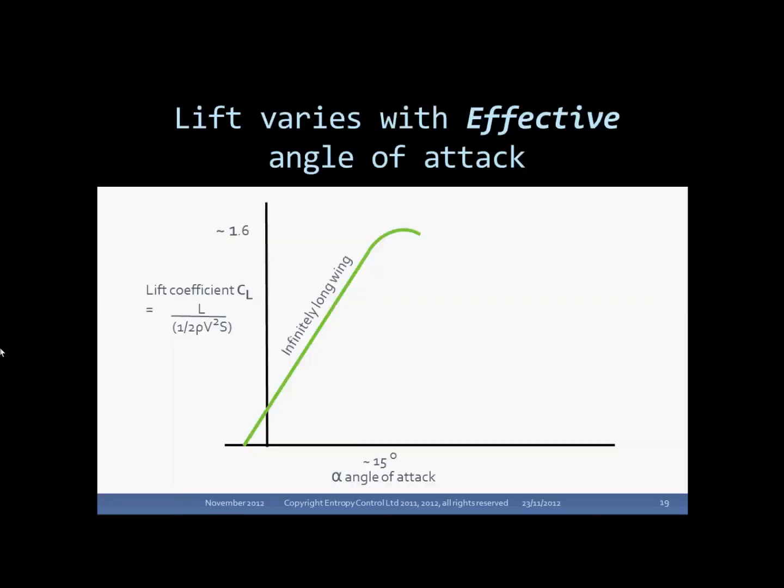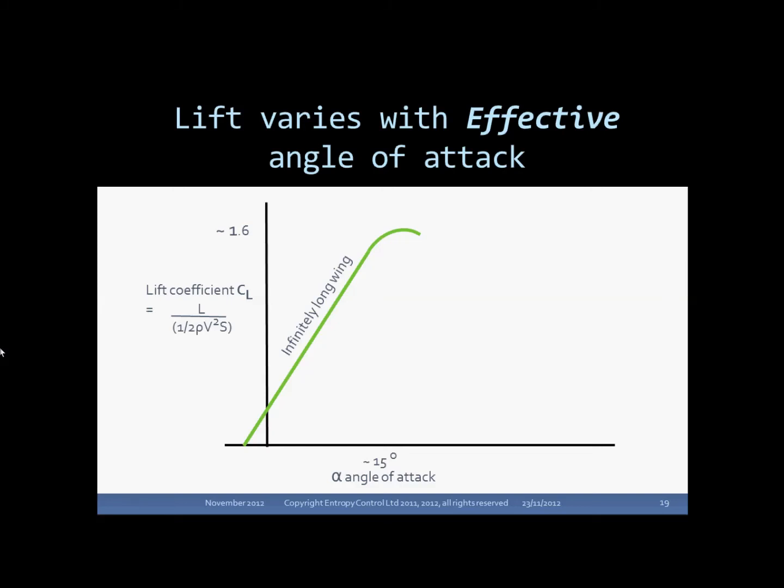You will have seen a lift curve similar to this one, I'm sure. The lift coefficient, remember that dimensionless quantity we talked about earlier, goes up linearly with the angle of attack until the flow starts to break away from the wing near the stall. A very, very long wing will have a maximum lift coefficient of about 1.6 at about 15 degrees angle of attack.